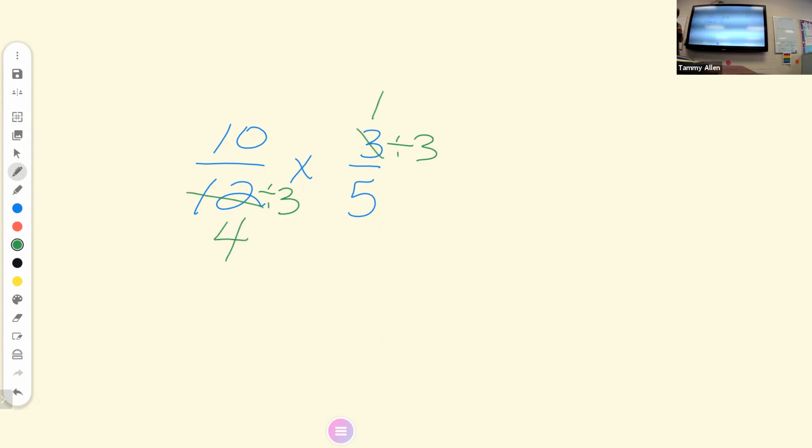Is there a common factor of a numerator and a denominator? Finley? 10 divided by 5 is? 5 divided by 5 is? Is there a common factor of a numerator and a denominator?